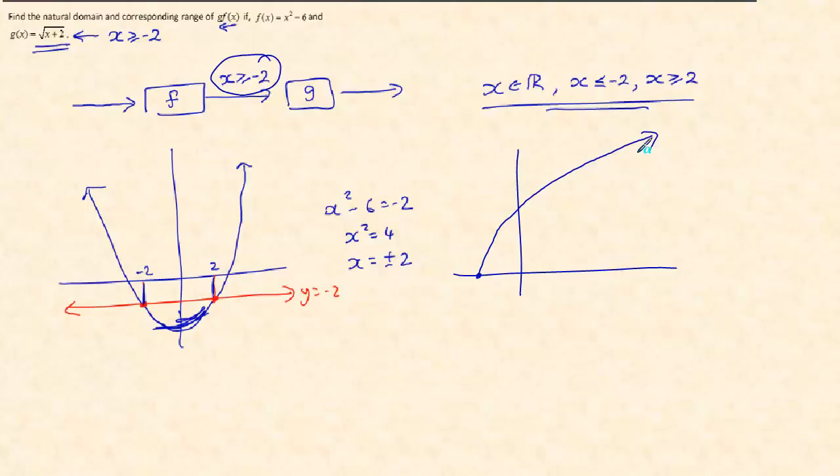Now despite the fact it curves over, if we go upwards in this direction, it's always going to go upwards in this direction, and therefore the output or y values are going to increase forever. So we can say y is real and y is greater than or equal to 0. So it goes from 0 upwards.